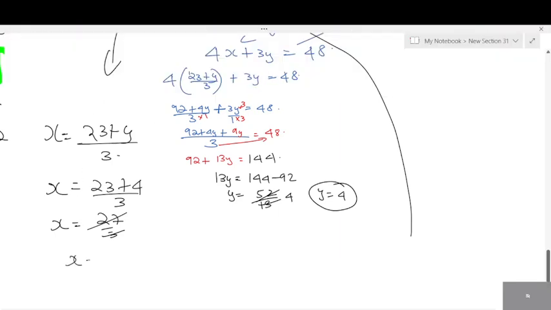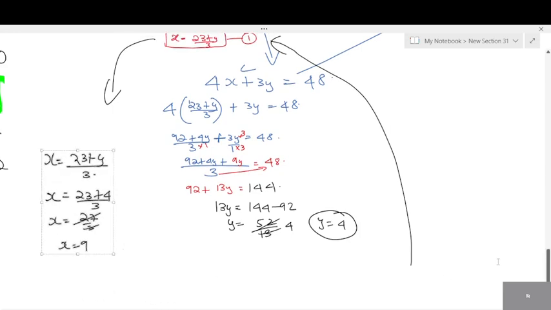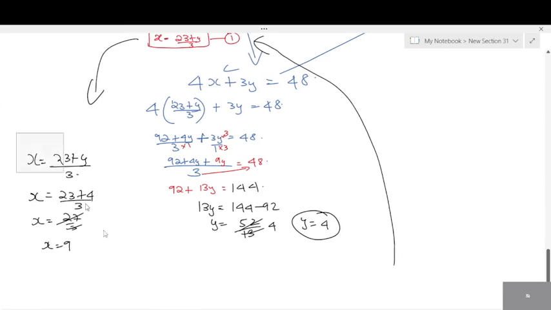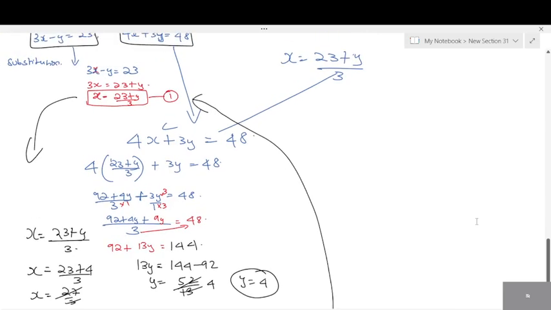I'll show you how to solve using y. You all have to figure out whichever you feel is easy and do it in that method. Now, same question, students, same question.